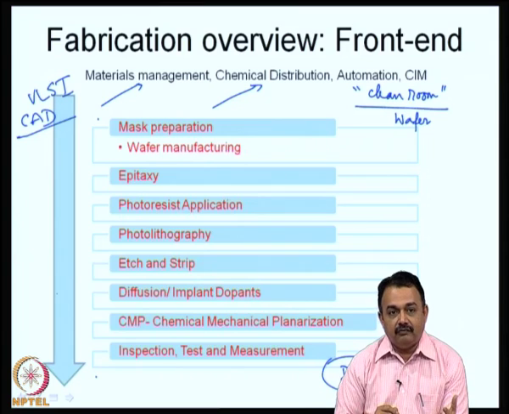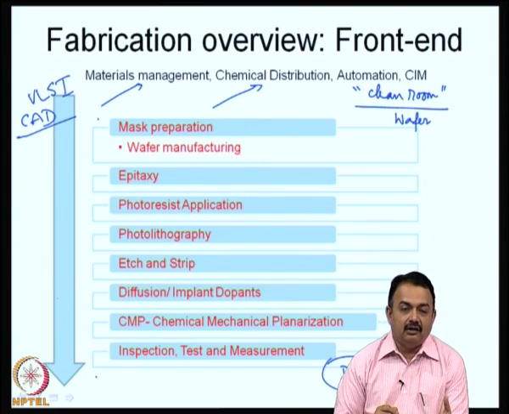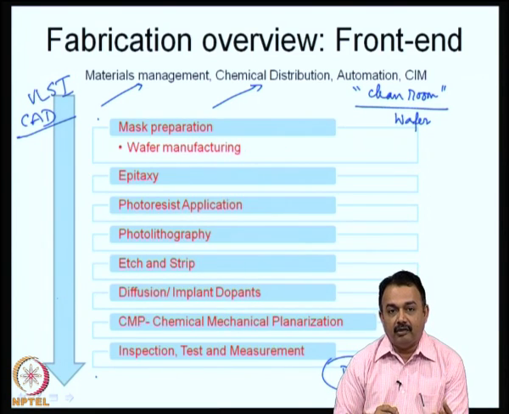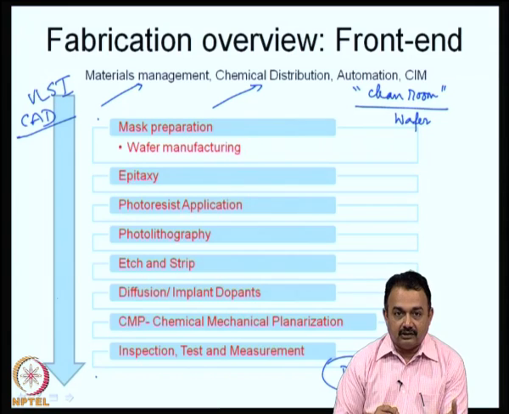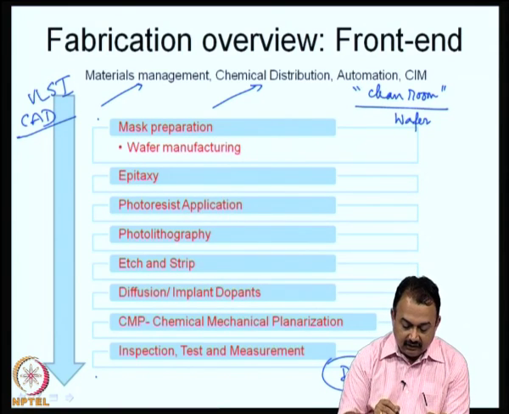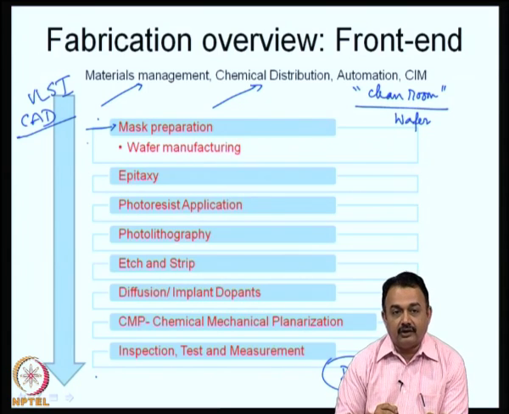So, that is a technology file that you get from CAD. You may have different layers to be generated in the semiconductor fabrication process. So, for each of these layers, a conductor layer or a via, you require a separate mask. So, mask is the starting point for the die manufacture.